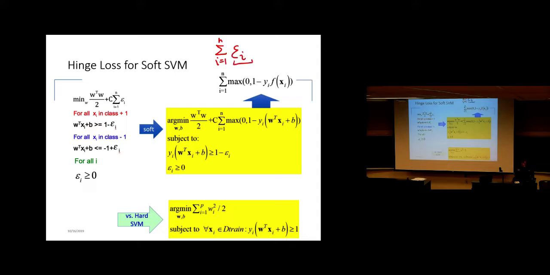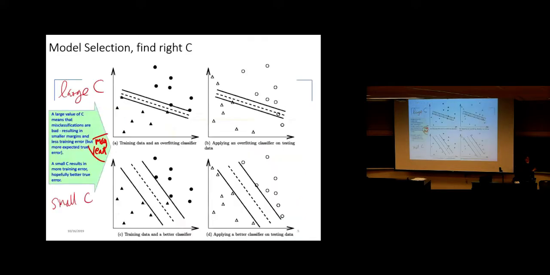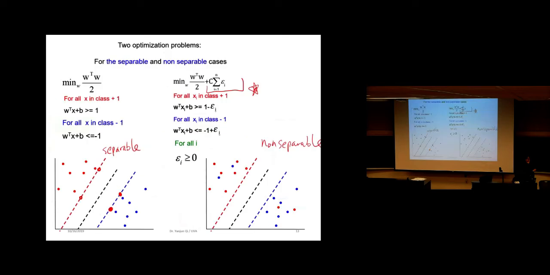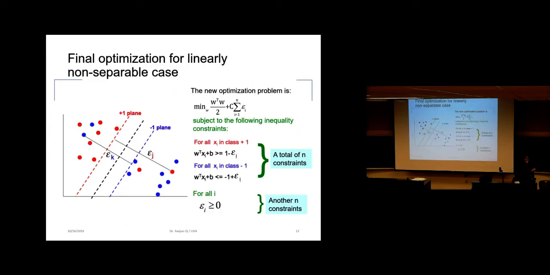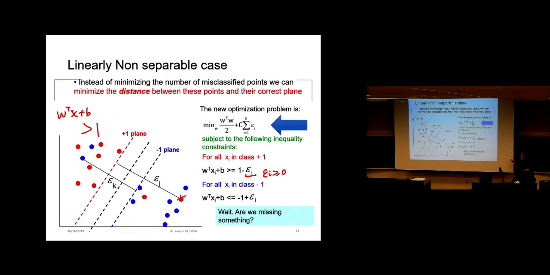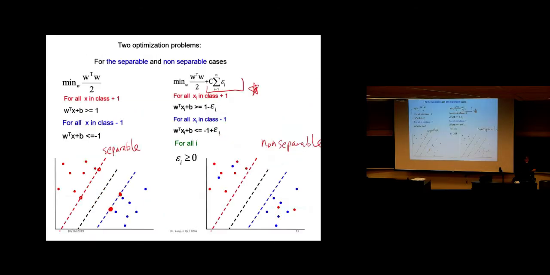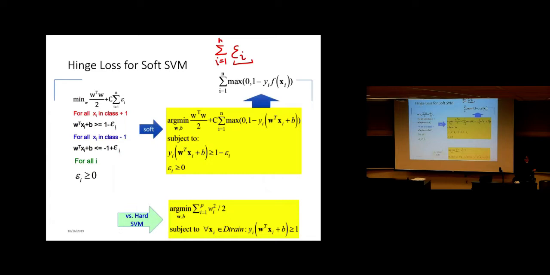Now epsilon i means the distance between the point and the correct plane. But if it's already on the correct side, I do not use that epsilon. So this is very important.